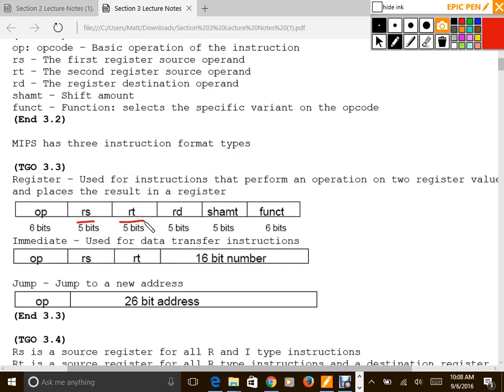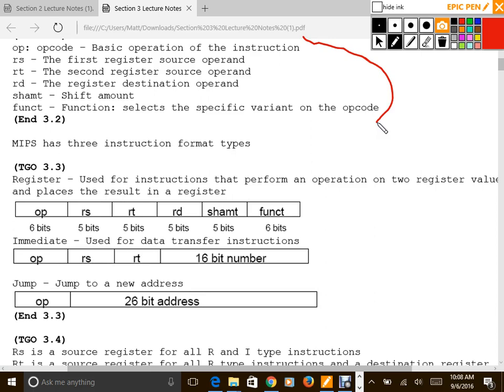Those are my 2 source registers, correct? They perform some sort of operation and then store it in RD. They will perform that operation in the arithmetic logic unit. Opcode is 6 bits, and opcode is always going to be 6 bits for all 3 of these instruction types. We have our source and destination registers, the shift amount, and the function.